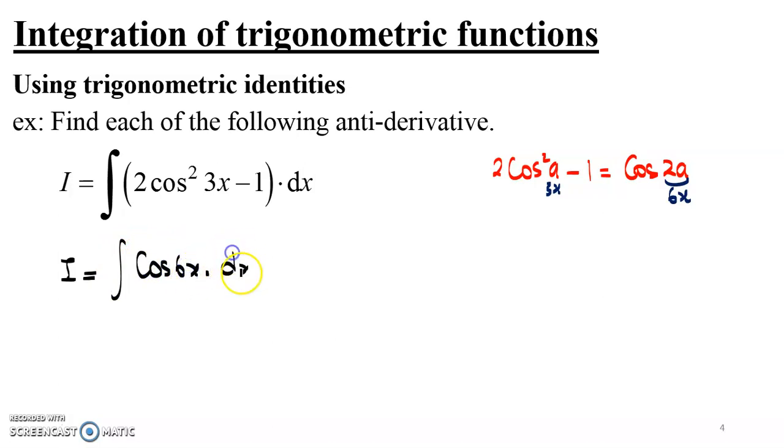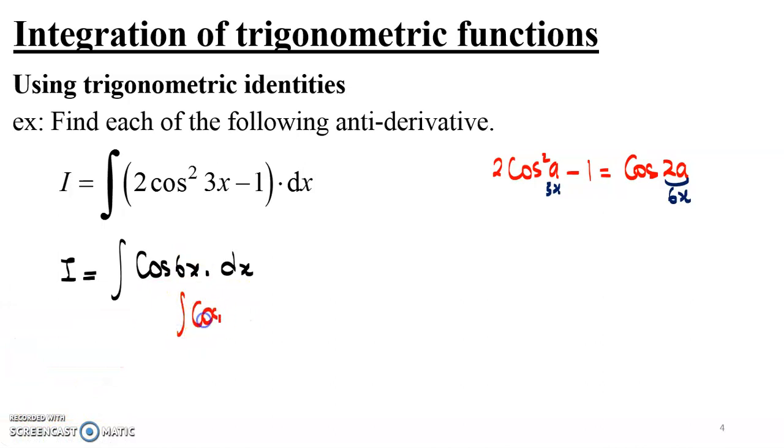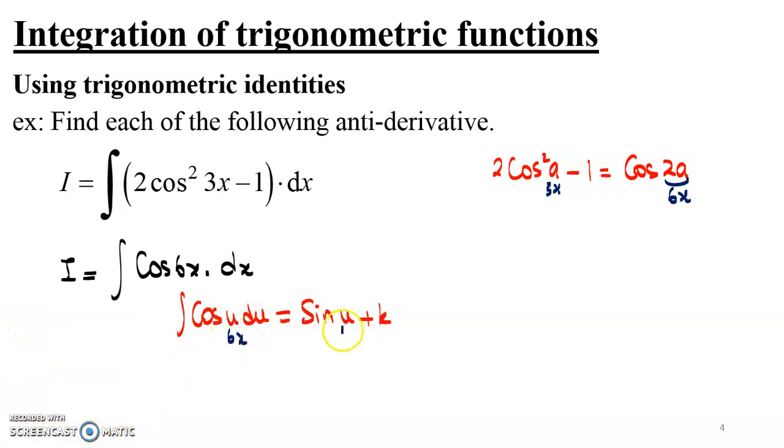Now over here I have it in the form cosine of u, where u is linear, so I could use the compound formula. By referring to our table of integrals, we know that the integral of cosine u would be sine u plus k, and over here u is 6x, and we do not forget to divide by a, which is the derivative of the expression inside.